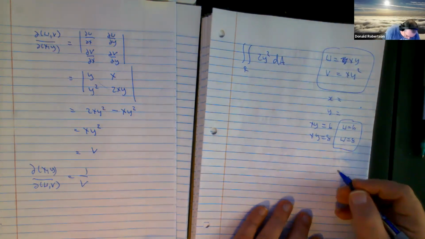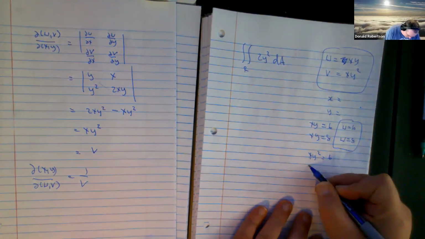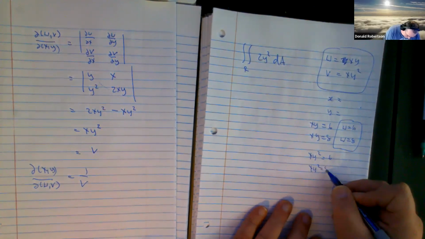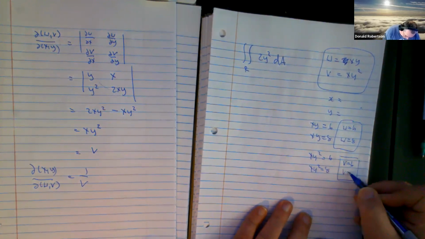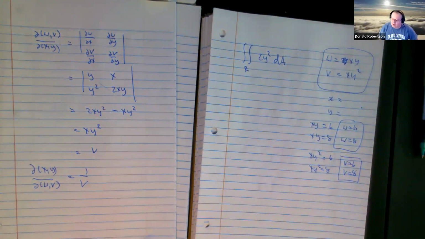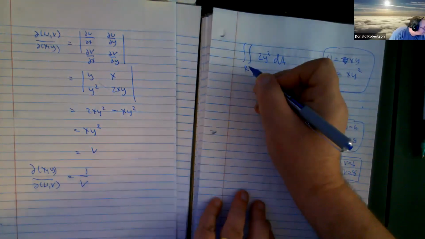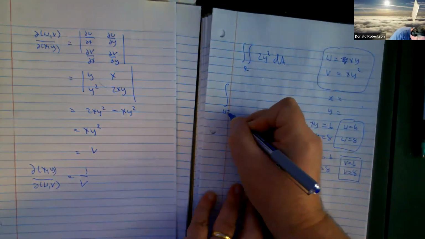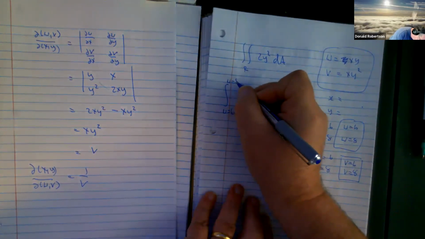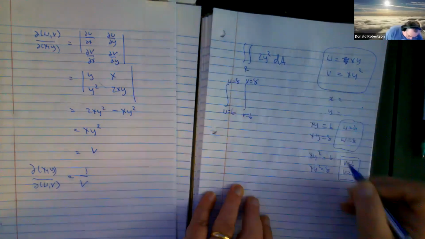The other one, xy squared from 6 to 8, gives v from 6 to 8. That was a pretty easy transfer. I'll do the 2y squared as we go through it.